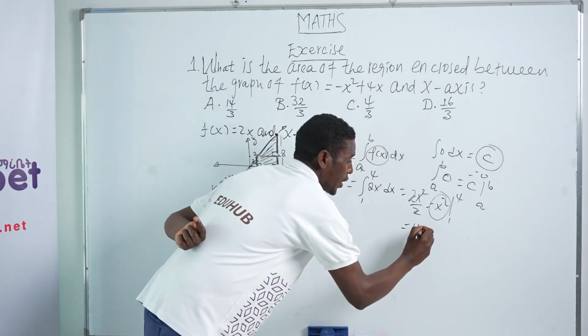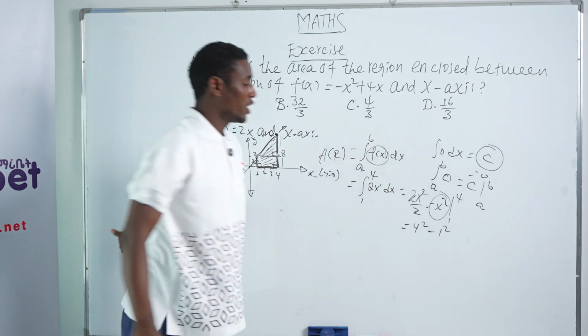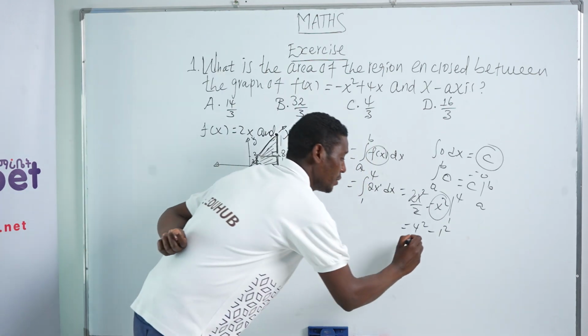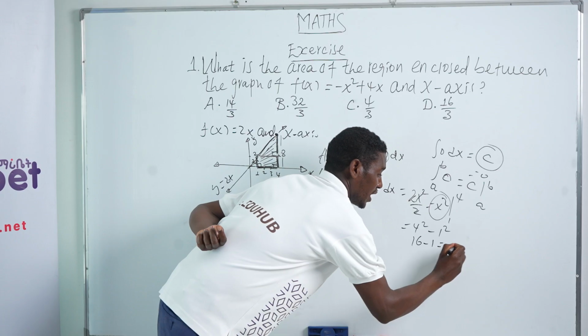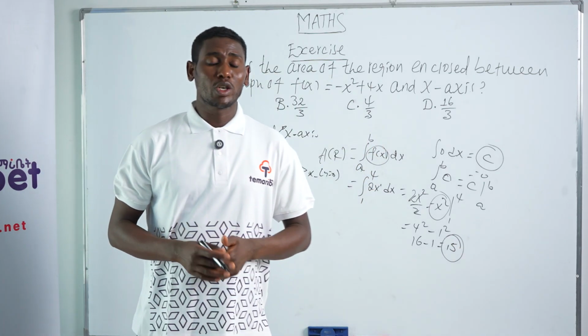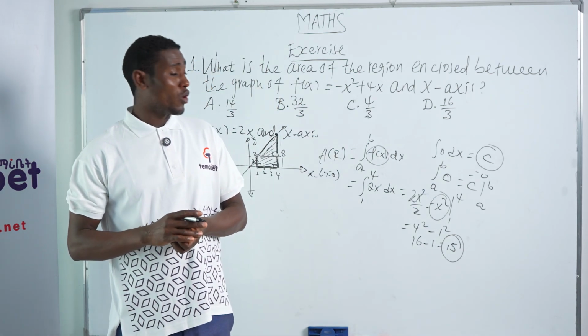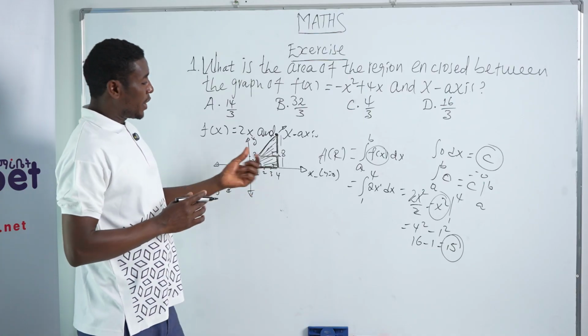That means 4 squared minus 1 squared. 4 squared is 16, 16 minus 1 is 15. So it's basic. Anyhow, we can use both integral calculus and general formulas of different plane shapes.